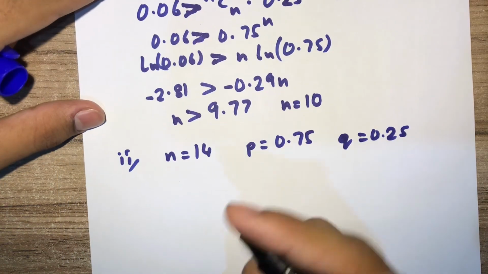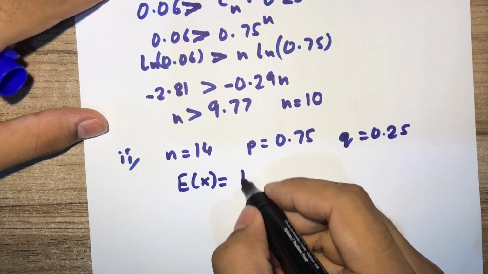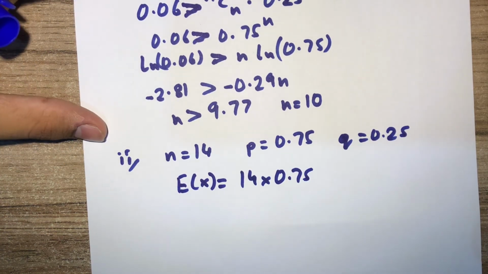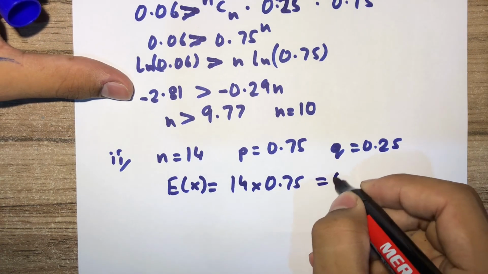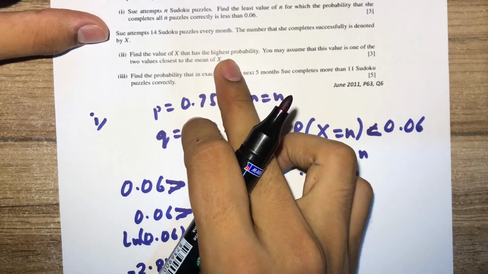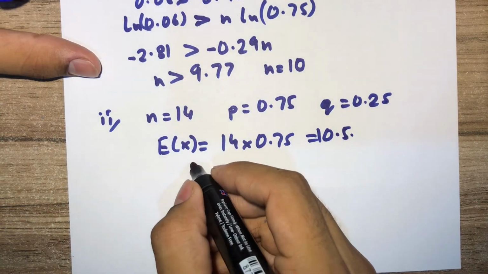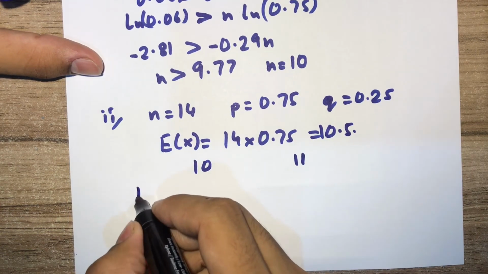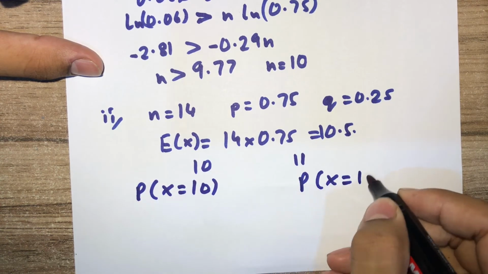So I'll first find the mean. Mean is the expected value. The formula for that is n into p, so 14 times 0.75. That is coming equal to 10.5. So now they're saying that the highest probability value is one of the two values close to the mean of x. So close to the mean of x, the two values are 10 or 11. So I'll find P(x equals 10) and P(x equals 11).